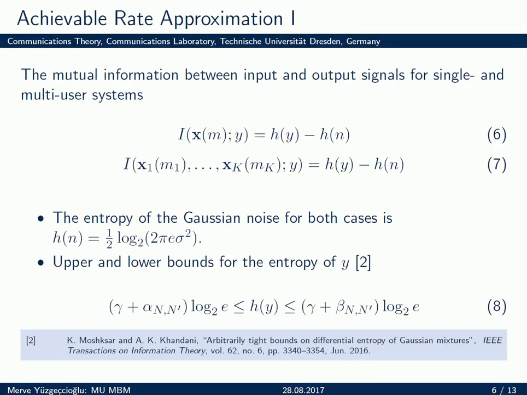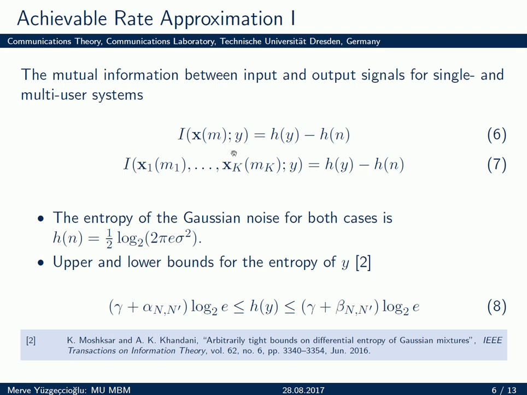So if we look at achievable rate expressions for both of the systems, we can use information theoretical methods and find the mutual information between the input signal and the output signal to find the achievable rate of the system.